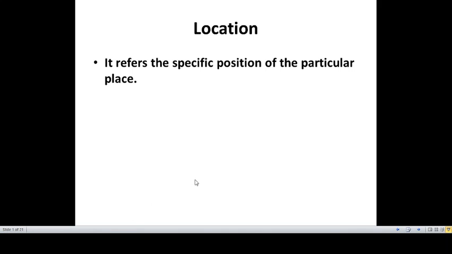So first, location. Okay, what is location? Location refers to the specific position of a particular place. For example, some of you will order a toy or beauty product from an online shop like Shopee or Lazada.